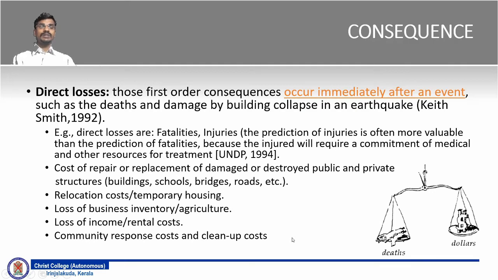Other direct losses include relocation cost, temporary housing, loss of business inventory or agriculture, loss of income, rental cost, then the community response cost and cleanup cost that happen after the disaster, and so on.